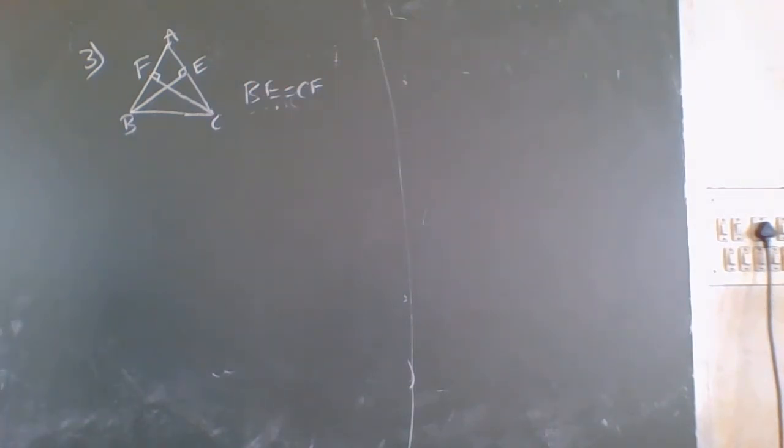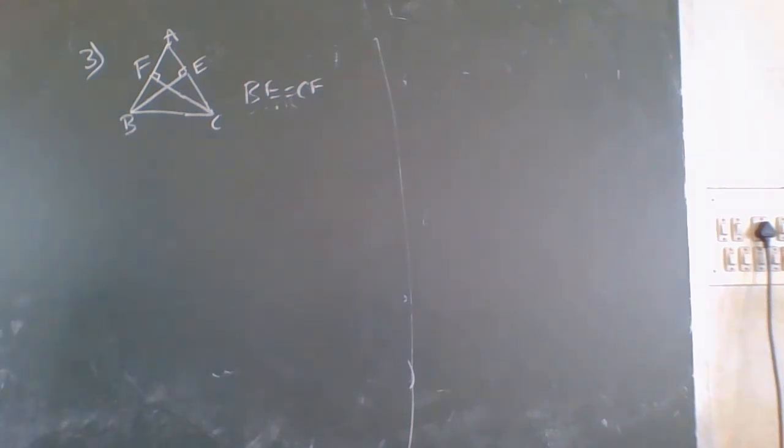To prove this, I will consider two triangles AEB and AFC. If these two triangles are congruent to each other, then by CPCT we can write BE is equal to CF.